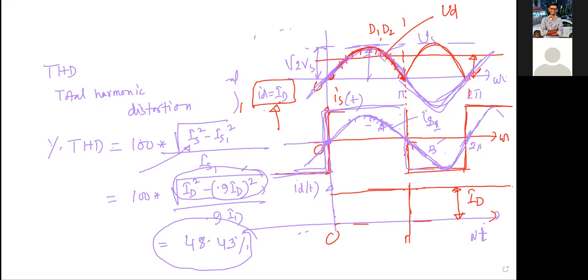So how much you have distorted? You have distorted the input source current by 48.43% from its sinusoidal, and that is not acceptable at all, because from the utility you are taking the sinusoidal voltage, but by just putting your load in such a way, inductive load or a very large DC motor connected to the rectifier, you are getting the input current rectangular type, and you have distorted it.